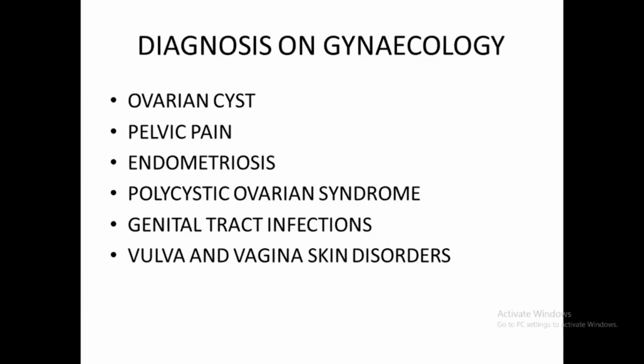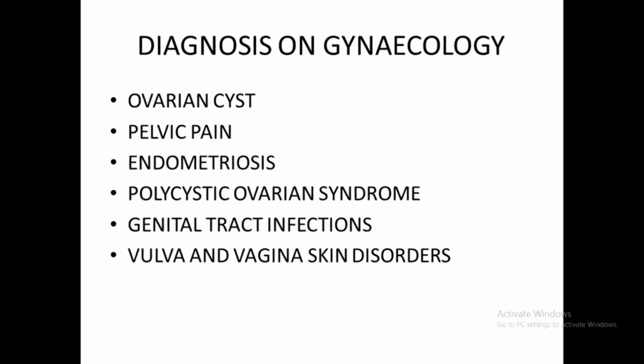The first one is ovarian cyst. First of all, you need to know what a cyst is and what a tumor is. There is a lot of difference between a cyst and a tumor. A cyst is anything that is filled with liquid, a semi-solid liquid laid around a part. So an ovarian cyst is a cyst that is present in the ovaries.